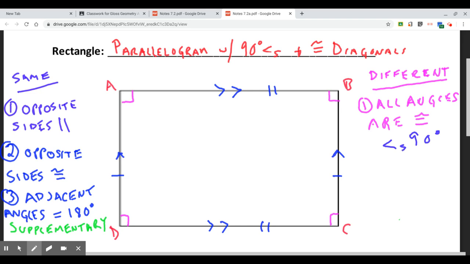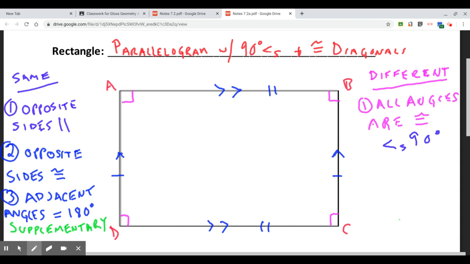Do you see that? So they're all congruent. And also notice that adjacent angles are still equal to 180, because if they're both 90 degrees, 90 plus 90 equals 180. So the first major difference with a rectangle than the parallelogram itself is that all angles are congruent.